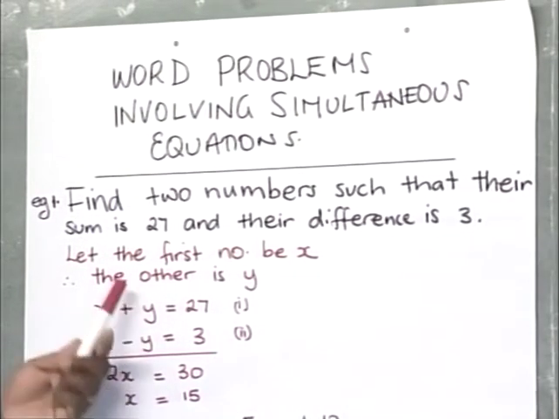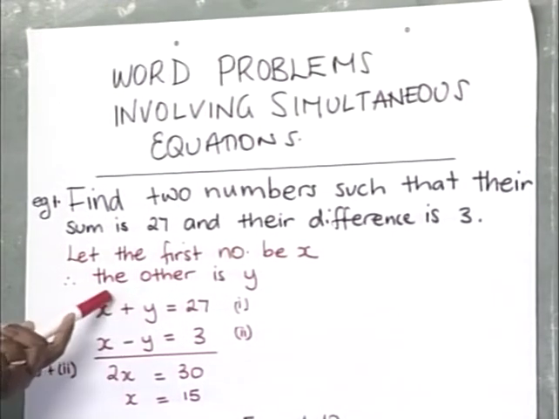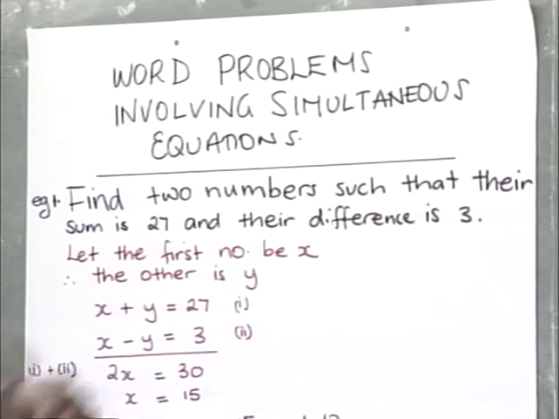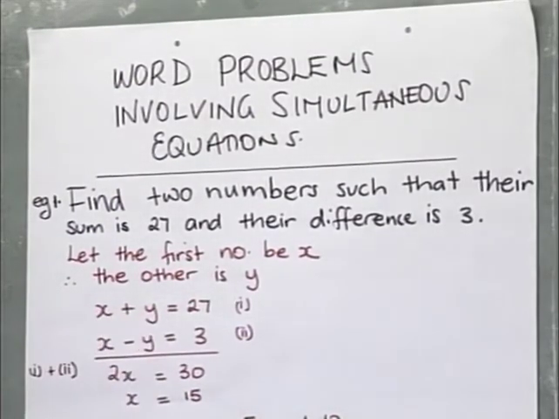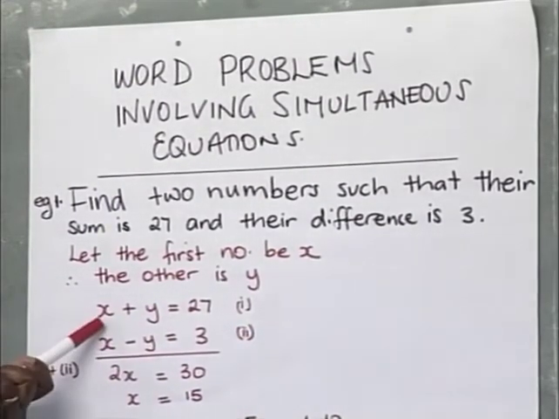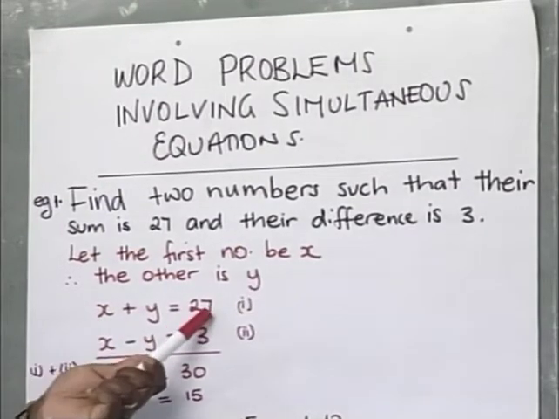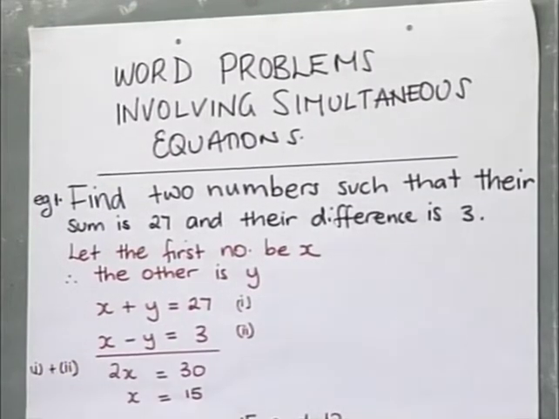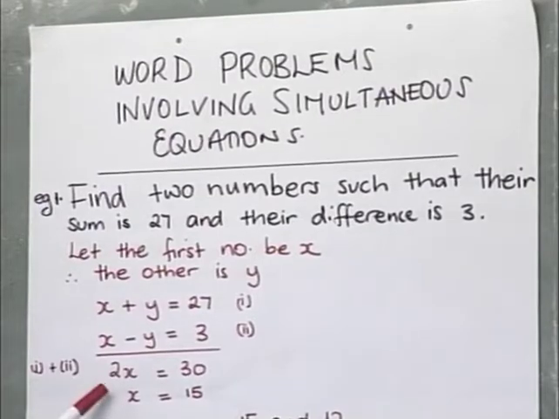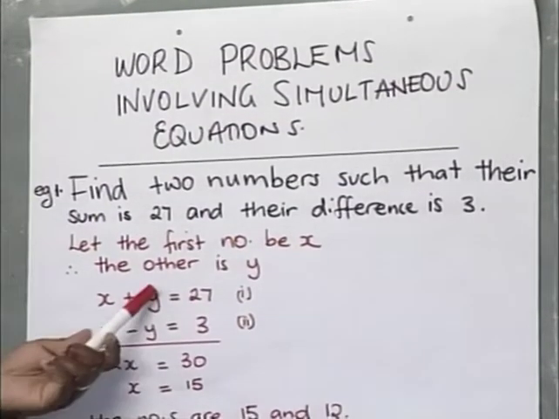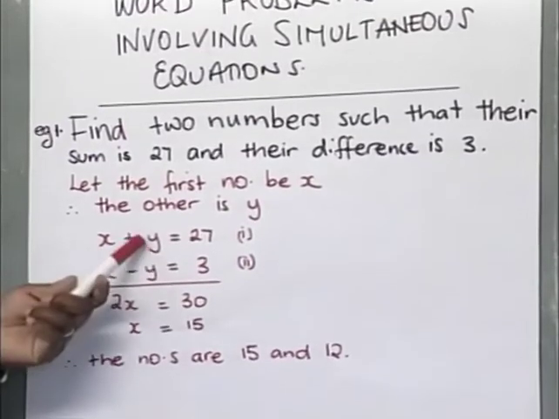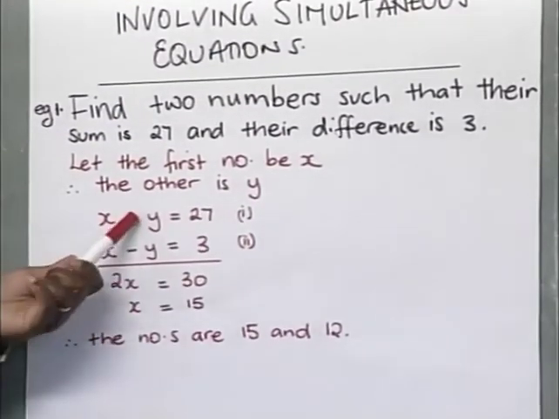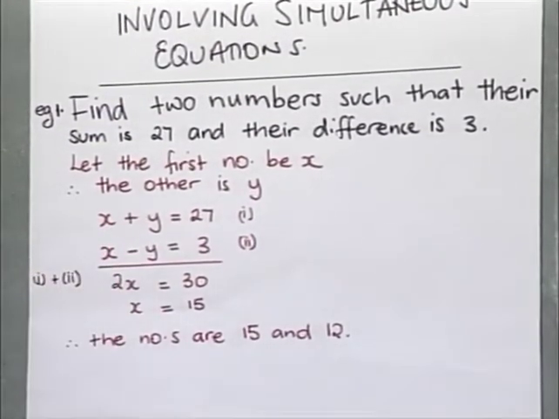Okay, but for this, there are 2 numbers, so their sum is 27, their difference is 3. So if the first number is x and the other is y, then the first equation, the sum is 27, x plus y is 27, and the difference is 3, x minus y equals 3. And all I did, because they already have a coefficient of 1, I just added equation 1 and equation 2 because I saw that it was a plus and a minus.